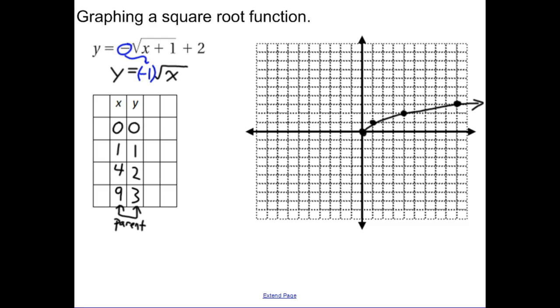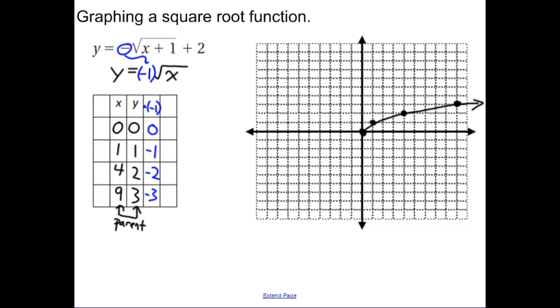I'm going to place that in my table by noting that I'm going to multiply by -1. And what I'll do is I'll take this -1 factor and multiply it by all the values in my y column. So -1 times 0 is 0, -1 times 1 is -1, -1 times 2 is -2, and -1 times 3 is -3.